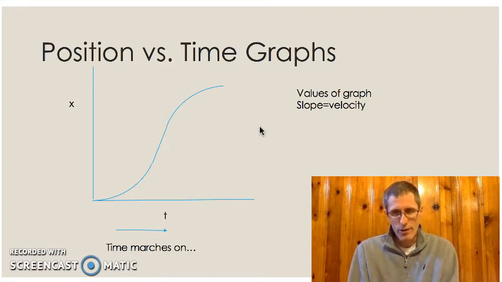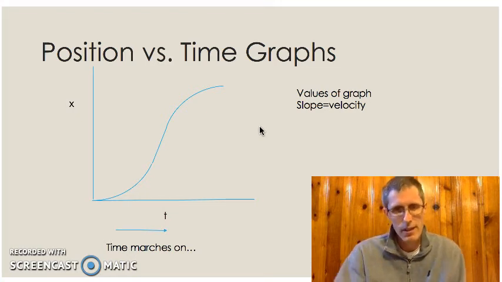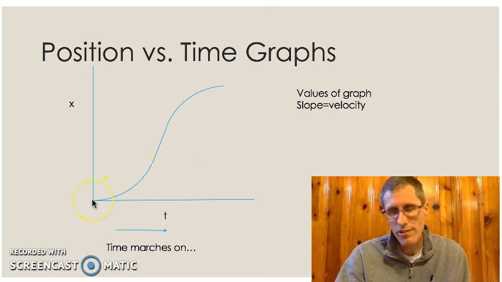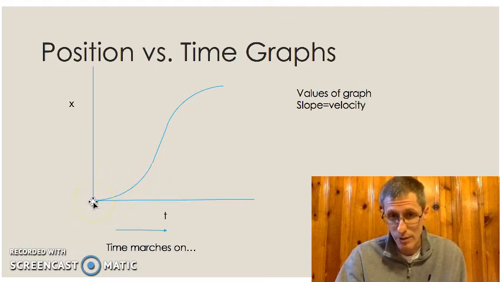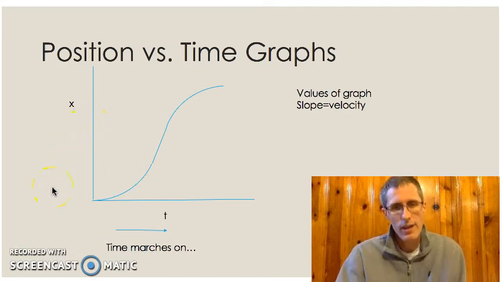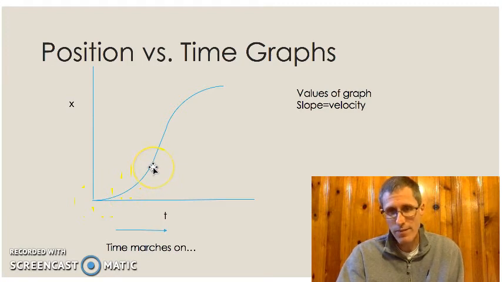All right, so we've done our first reading of what roughly is going on. Let's take a closer look. So the position starts at 0, and it's going to get bigger. You can imagine, if it helps you, if you put numbers on this, you've got 0 meters here, 1 meter, 2, 3, 4, and so on and so forth. So in this first part here, the position is getting larger.